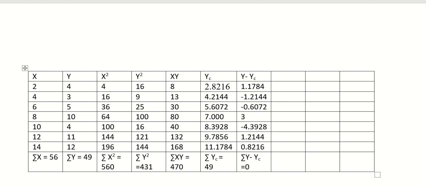Now we will calculate Y minus yc square. So we'll calculate square of these values. 1.1784 into 1.1784 is 1.3886.